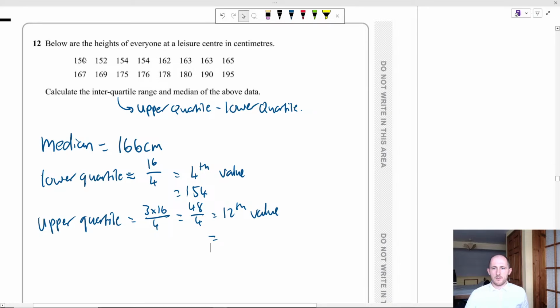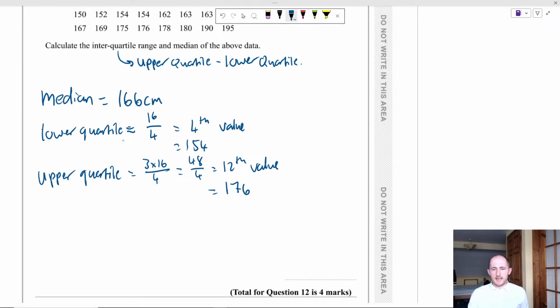So again, that's the first 8, 9, 10, 11, 12. So 176. Yes, you could do 4 numbers from the bottom as well, Nithika, that's fine. So again, the interquartile range, which I'm going to call the IQR, is the upper quartile minus the lower quartile. Okay, so that is going to be 22 centimeters.